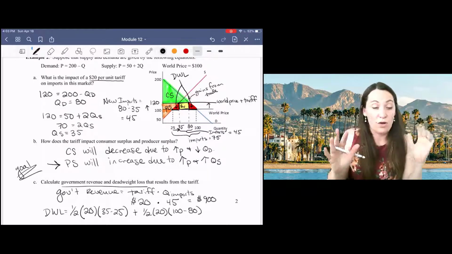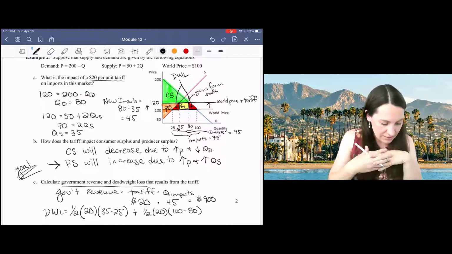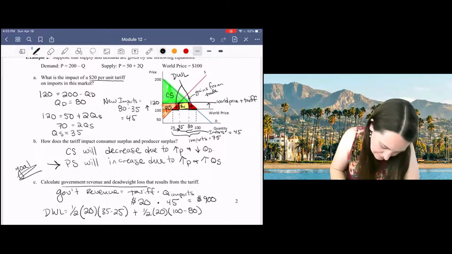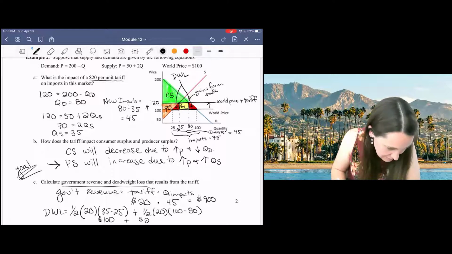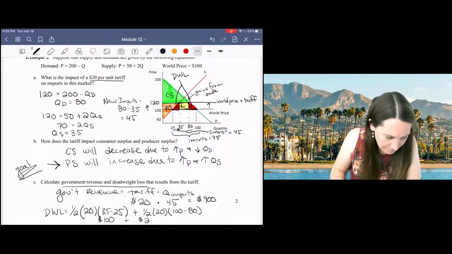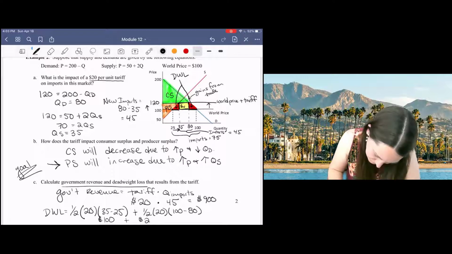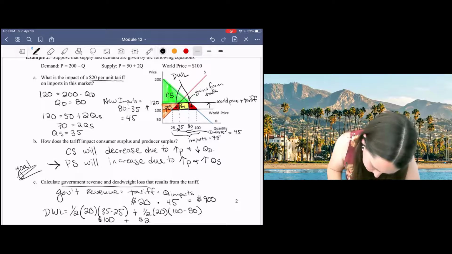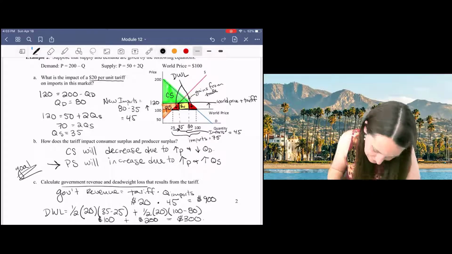So if you plug all of that into your calculator, then you'll find that deadweight loss is equal to 100 plus 200, and that gives us $300 in deadweight loss.